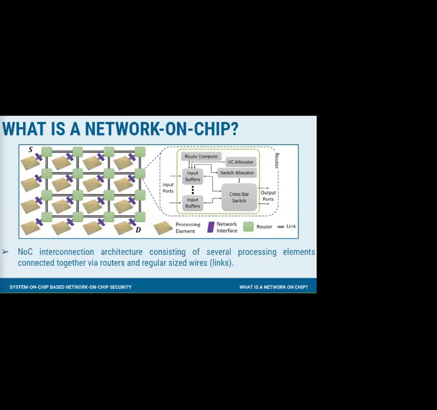The response message from the memory that contains the data block follows a similar process. Similarly, all intellectual properties integrated in the system on chip leverage the resources provided by the network on chip to communicate with each other. So this is a small introduction about how communication happens in network on chip architecture.